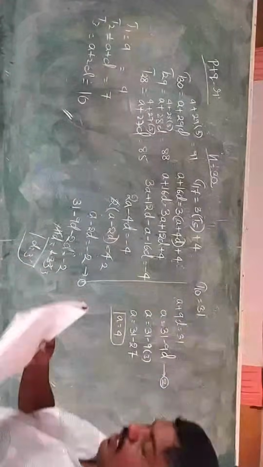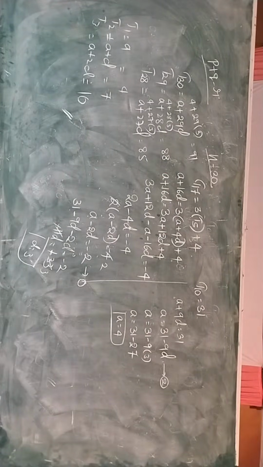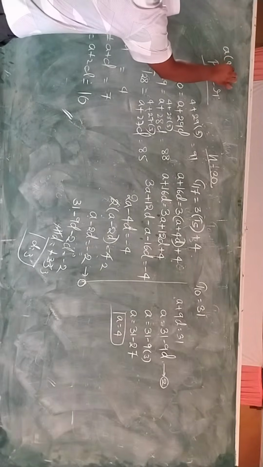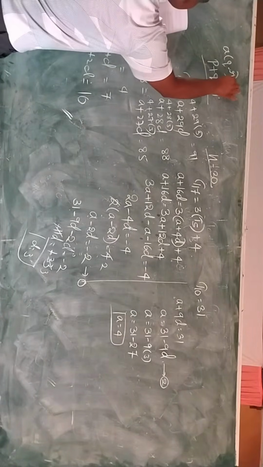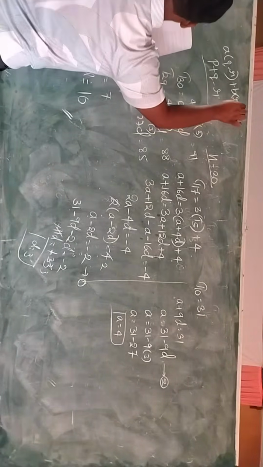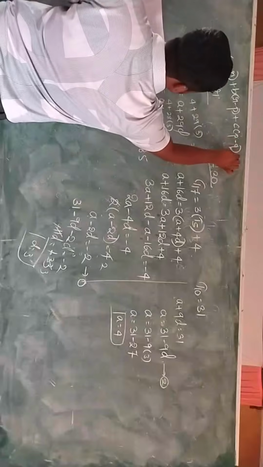If the pth term of the arithmetic progression is a, the qth term is b, and the rth term is c, then prove that a into (q minus r) plus b into (r minus p) plus c into (p minus q) is equal to 0.